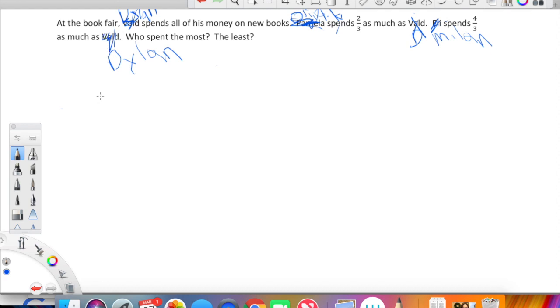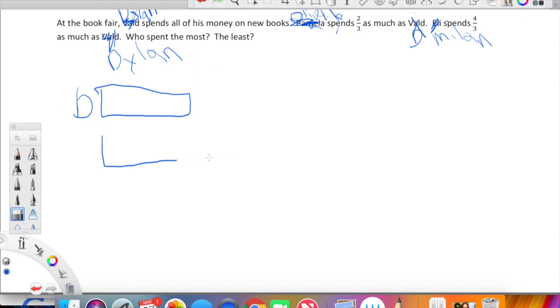Now, we have to start by drawing tape diagrams. The first one is going to represent Dylan. It's going to be D. Okay, so Dylan should be equal to 1.